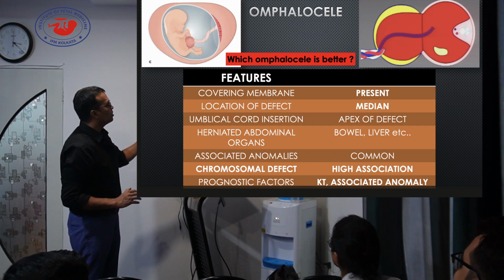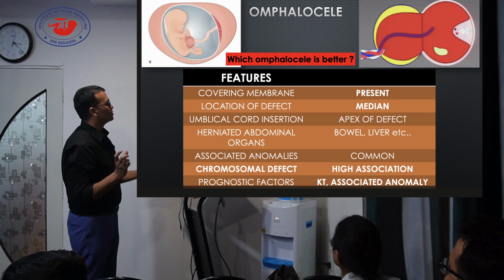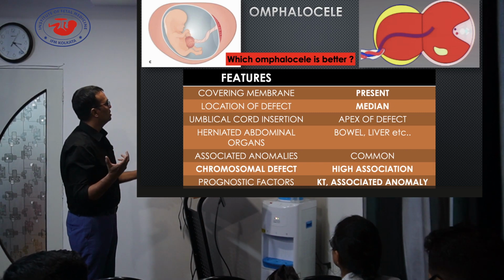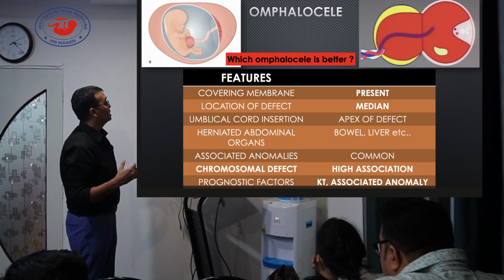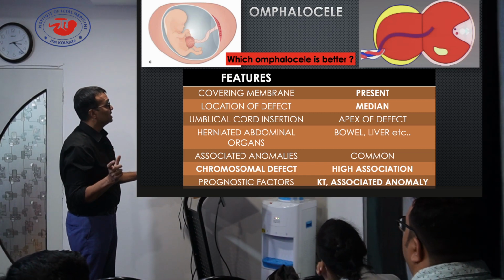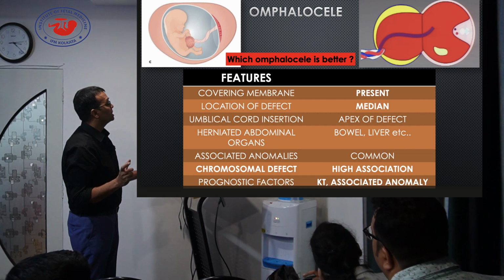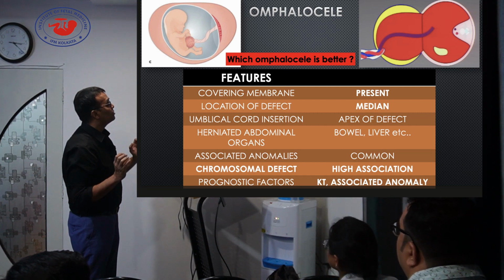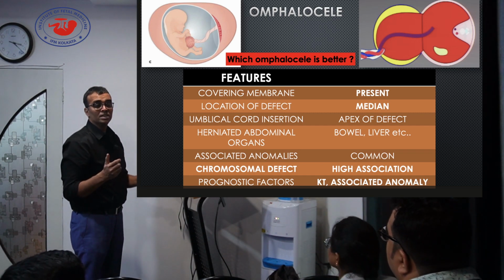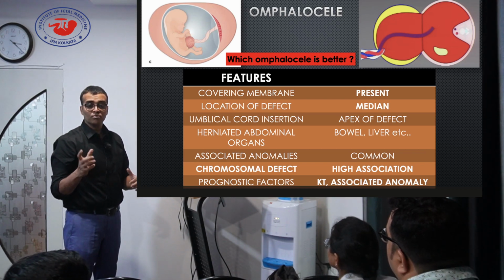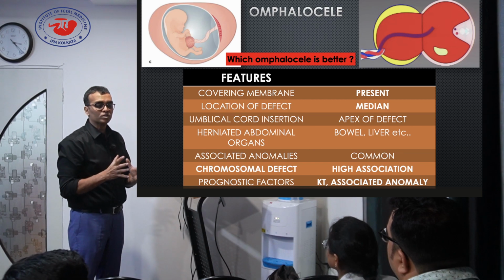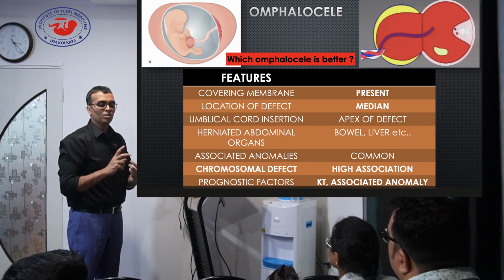Then herniated abdominal organs can be anything. If it is small, it will be only bowel, but it may be liver if it is large. Associated anomalies are very common with omphalocele. There is a high association with chromosomal defects, and prognosis depends on the associated abnormalities and on the chromosomal abnormalities. So when we are looking at the omphalocele, we have to be careful about two things.